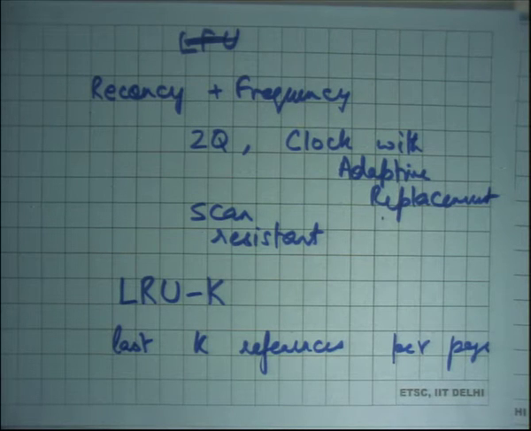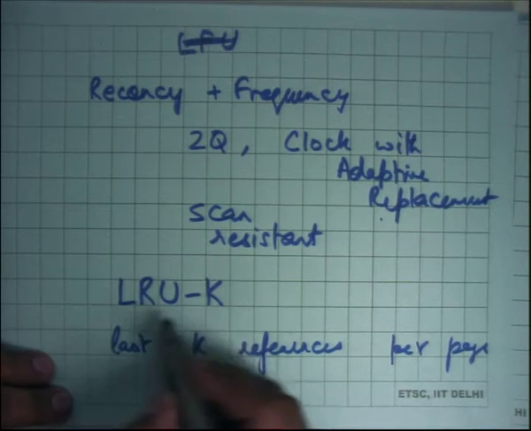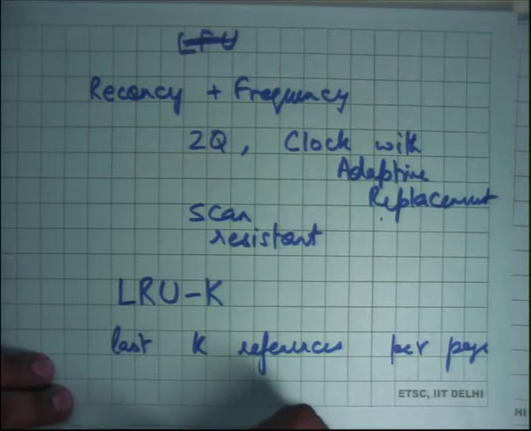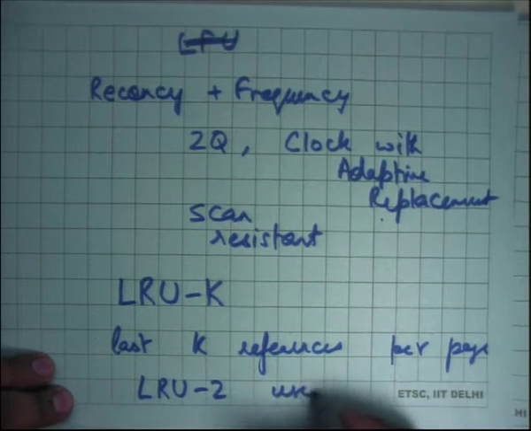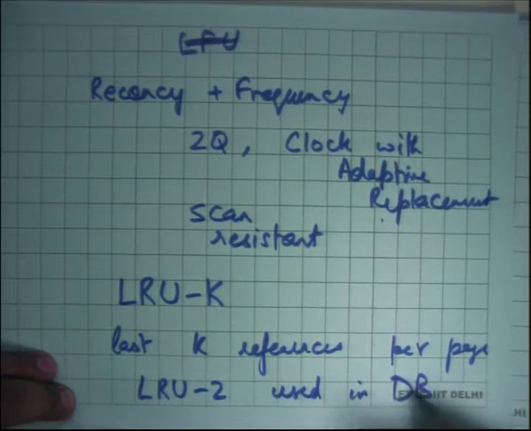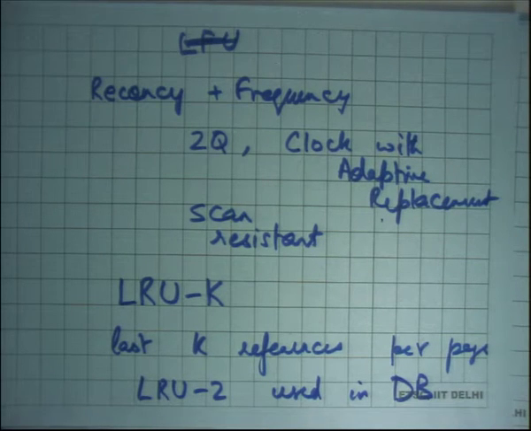So in LRU we were just looking at the last reference, the last access. Instead of the last timestamp for the last access, you look for the timestamp of the kth last access, and that's the one you replace. So LRU-K is basically giving some preference to frequency, but LRU-K is also very expensive to implement in the context of an operating system, but LRU-2 is used in databases. Just to know.